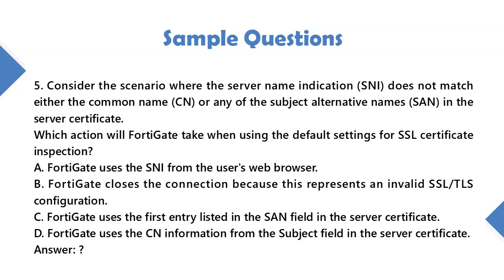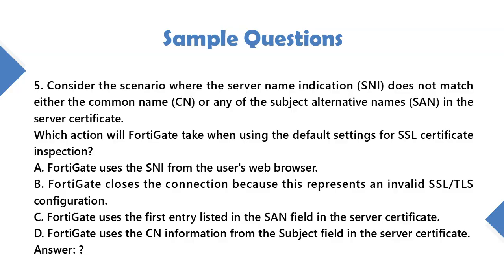5. Consider the scenario where the server name indication, SNI, does not match either the common name, CN, or any of the subject alternative names, SAN, in the server certificate. Which action will FortiGate take when using the default settings for SSL certificate inspection? A. FortiGate uses the SNI from the user's web browser.